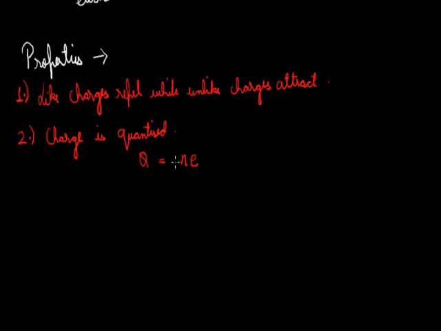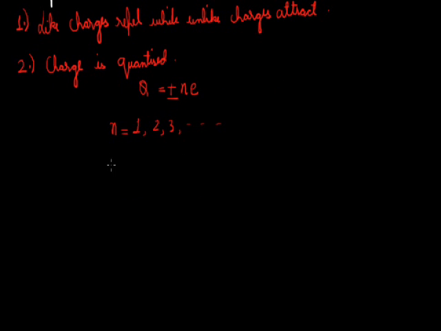So the charge on any body depends upon the number of electrons it is having. So Q is equal to plus minus Ne, where these signs represent whether the charge is positively charged or negatively charged. And N is always a whole number, means 1, 2, 3 and so on. It can never be a fraction or decimal. While e is the electronic charge, that is equal to 1.6 into 10 to the power minus 19 coulomb.